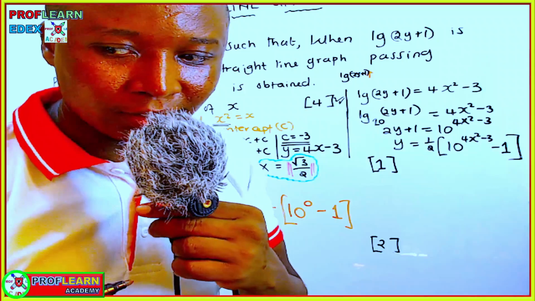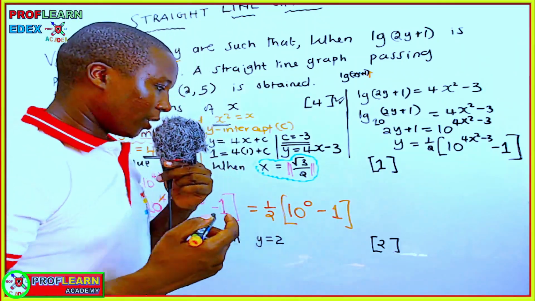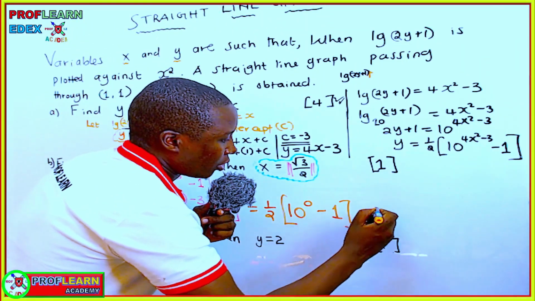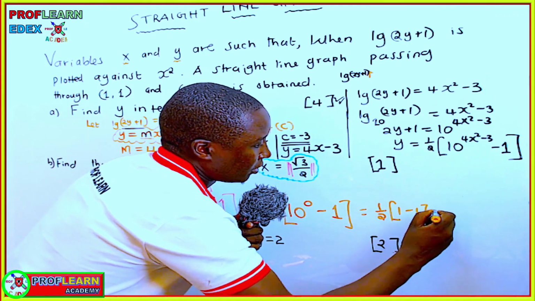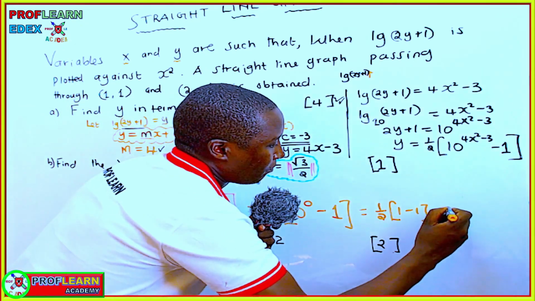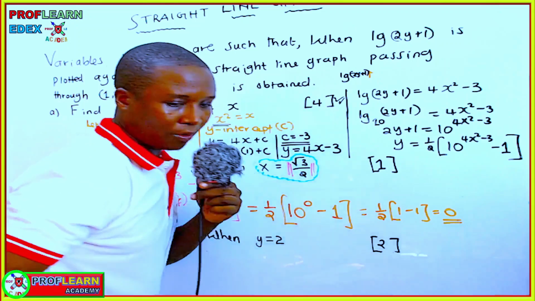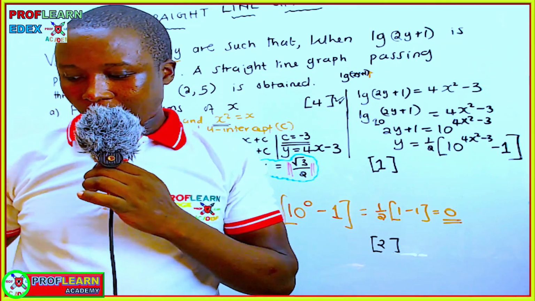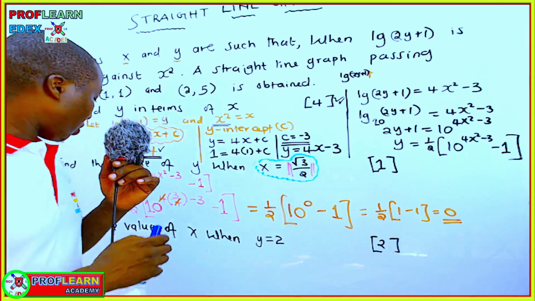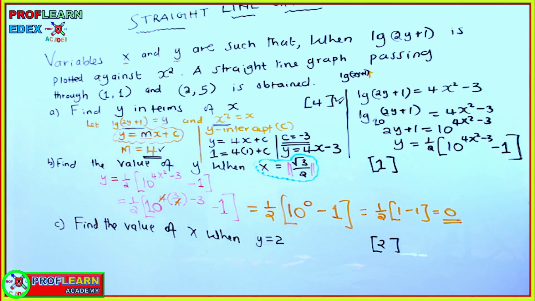Any number raised to 0 is actually 1. So this is going to be a half into bracket 1 minus 1, which equals 0. So the value of y in this case is the beautiful 0.